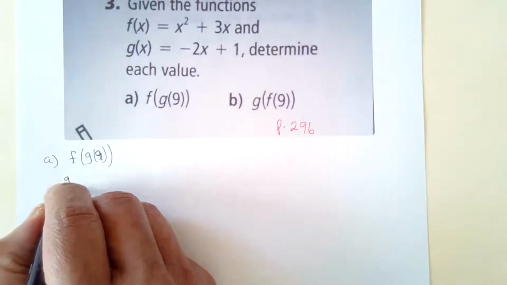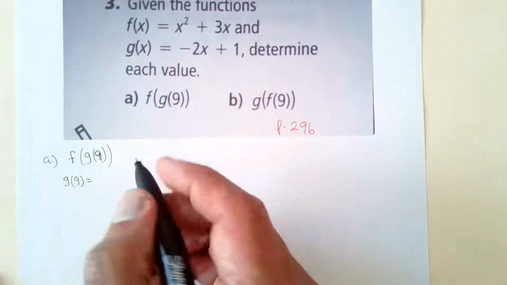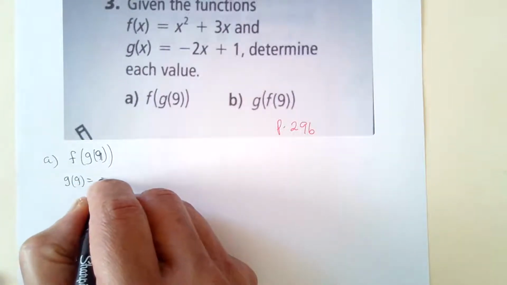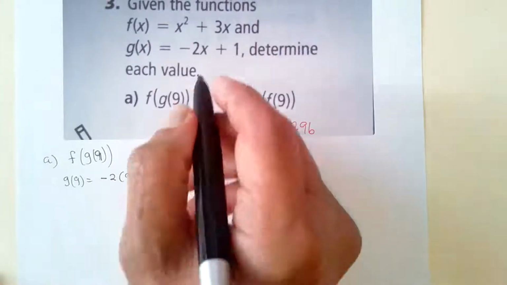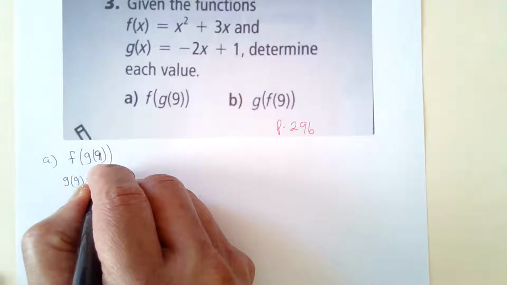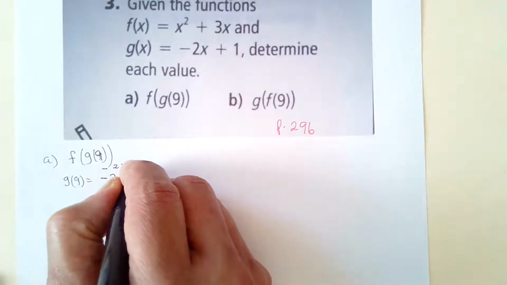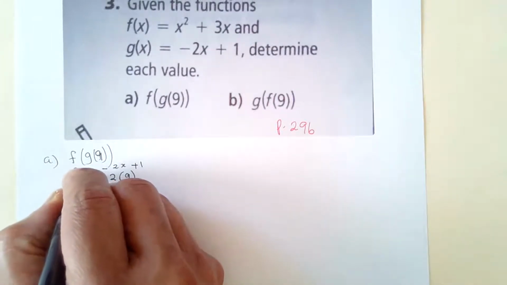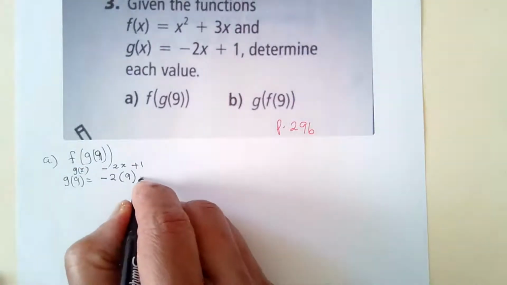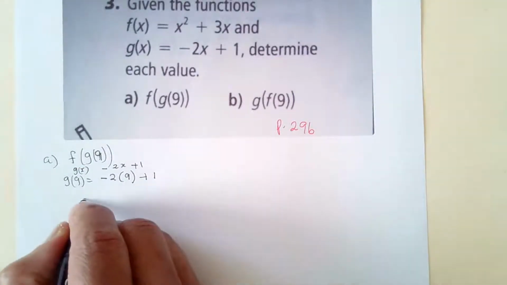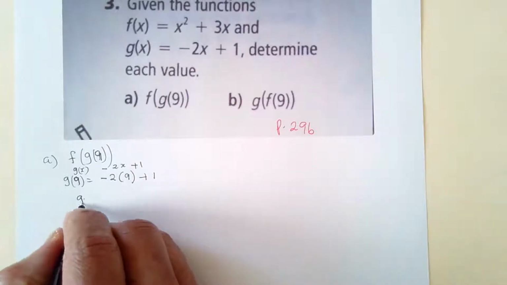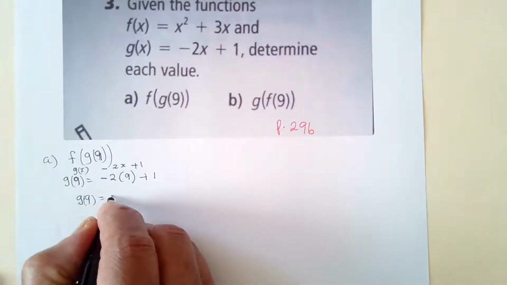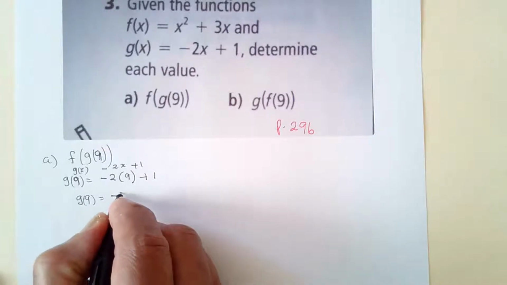So g of 9 is equal to negative 2 times 9, because I'm using this formula here, plus 1. So g of 9 is equal to negative 17.